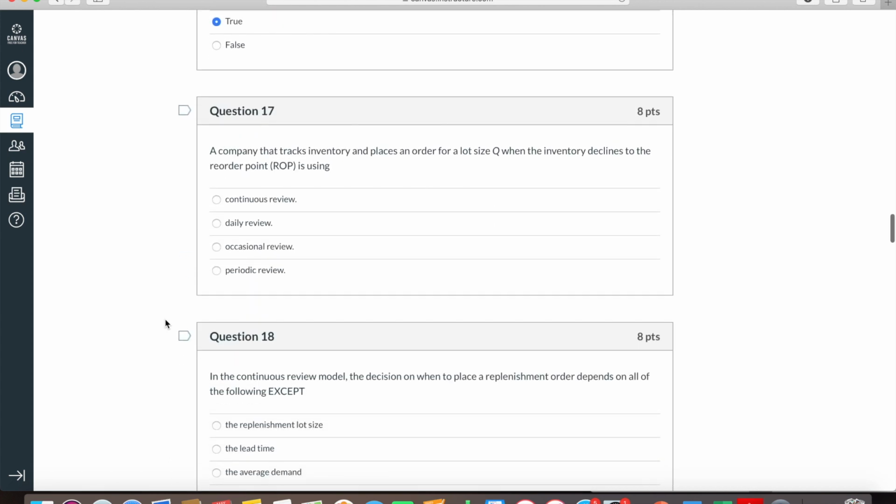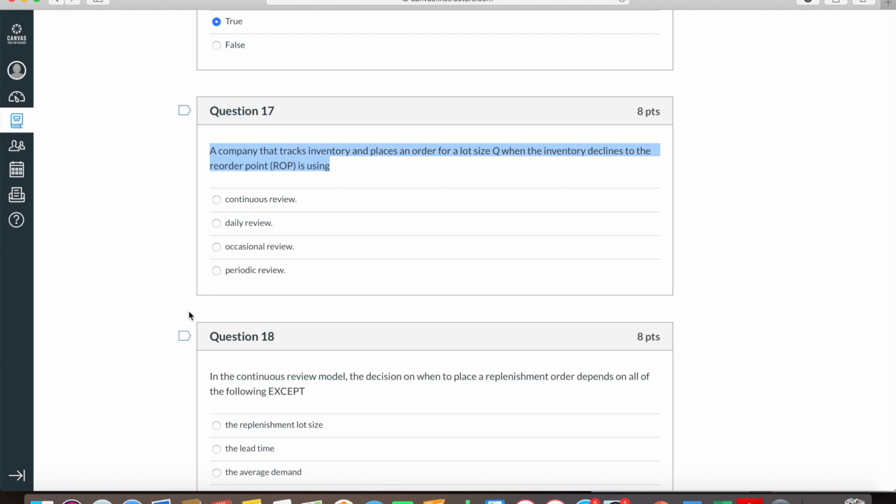A company that tracks inventory and places an order for a lot size queue when the inventory declines to a reorder point is using, well, first of all, there's two sorts of review policies. There's periodic review and continuous review. So eliminated. Periodic review talks about a specific period.